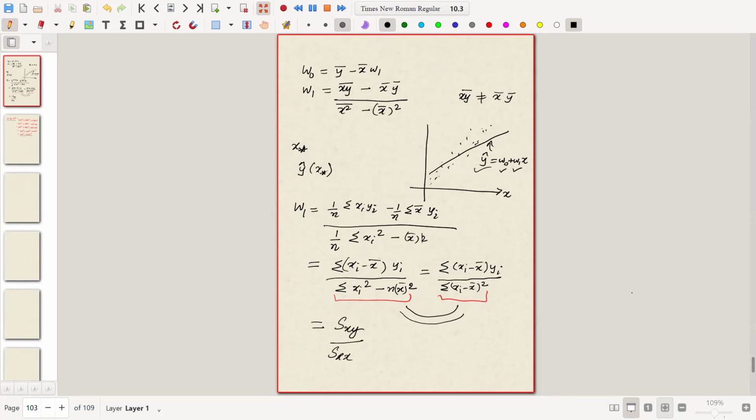Just notation. So instead of the previous formula, we can use this formula for W1. W1 is Sxy by Sxx, where Sxy is this quantity and this is Sxx. All clear?